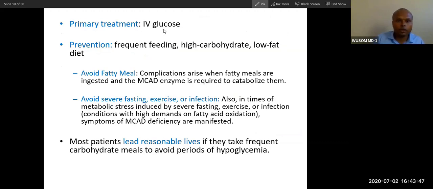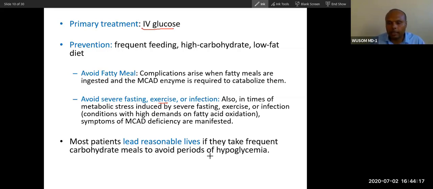IV glucose: as soon as the patient comes, just give IV glucose. Prevention is a frequent carbohydrate diet, low fat diet, and avoiding fatty meals, severe exercise, fasting and infection. So most patients lead reasonable lives. If you diagnose this patient early, the patient will not have problems throughout their life.